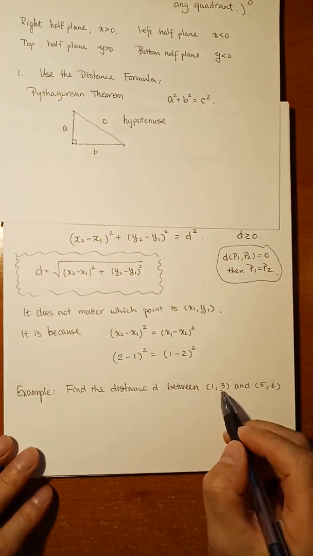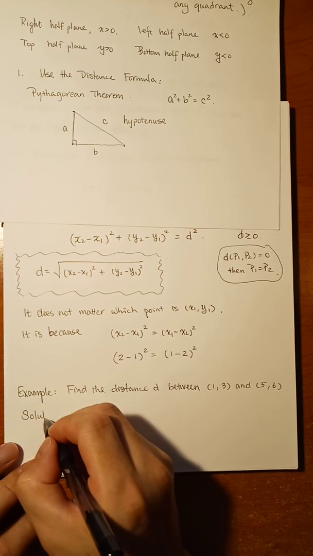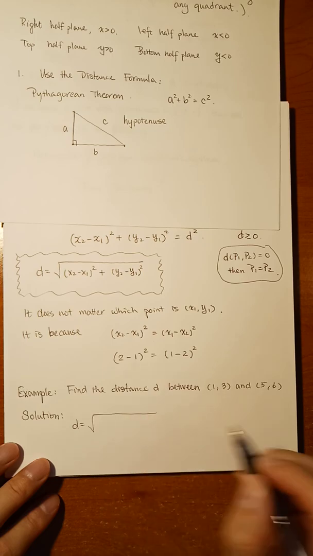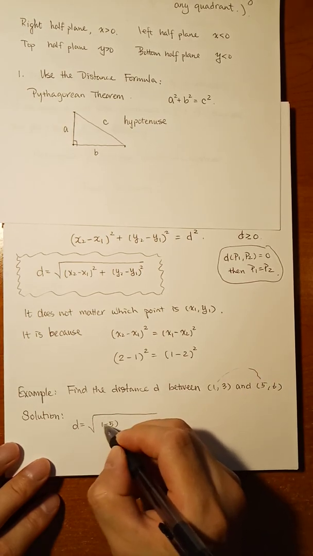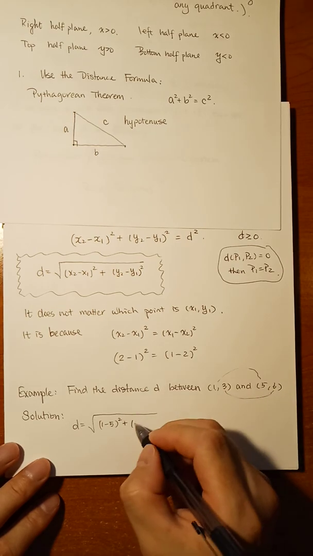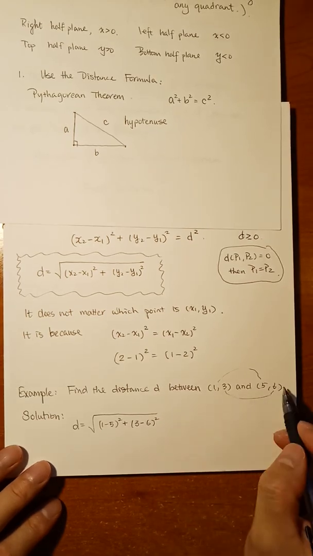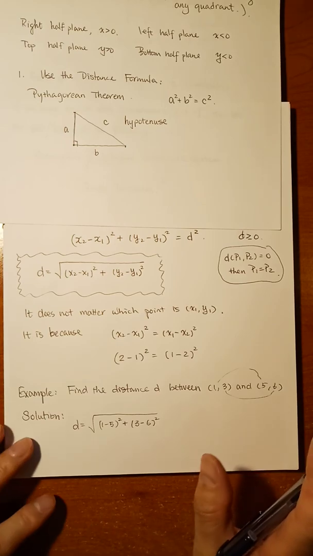Remember, this is x, y, x, y. So the distance by the formula is x minus x, so (1 minus 5) squared plus y minus y. Don't mix them. And I don't care who subtracts who, because you will always have the same answer.